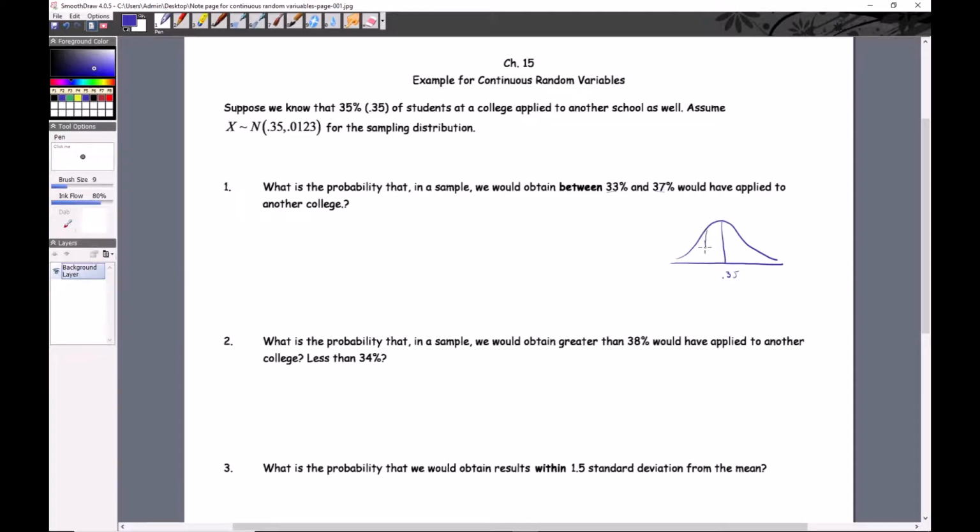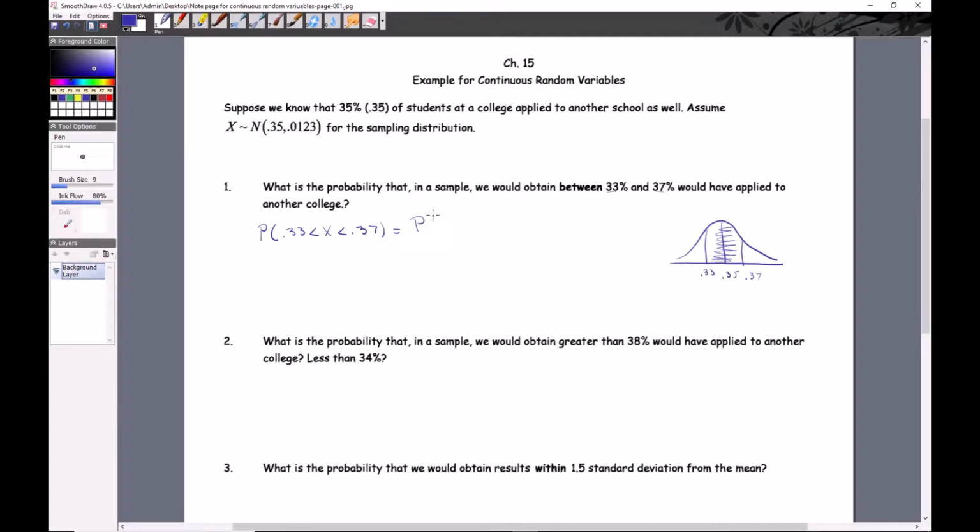So it'll be 2% below here, that'll be 0.33, and then 2% above, sorry about the non-straight lines, that'd be 0.37, and we want what's in between. So this is the probability that 0.33 is less than x, which is less than 0.37. And there's no change. We're just going to do this the way we did the previous ones. Maybe I'll do it the long way.